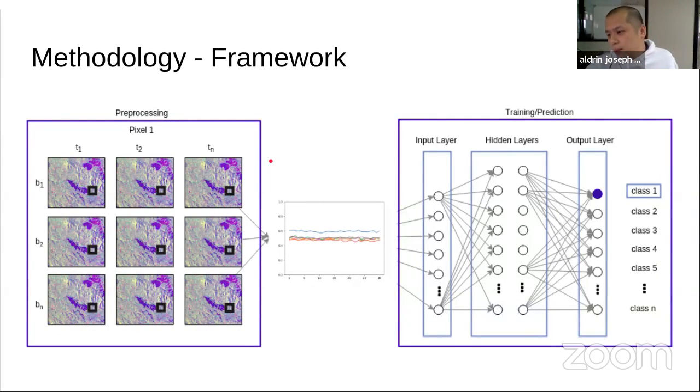So how did we approach this? The idea is for each pixel, for each time step, we can build a graph like this with each line representing a band of image. Each pixel will be fed into a model that can learn classifying features.